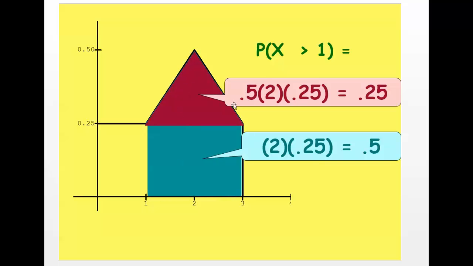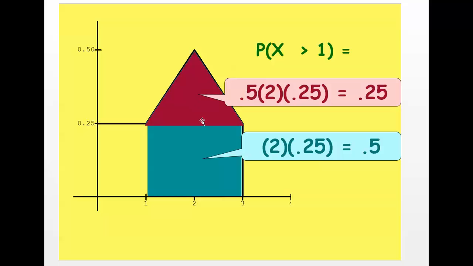For the square down here, we've got a base that starts at 1 and goes to 3, so it has a length of 2, and a height of 0.25, and that's how we find that area. For the triangle, again, it has a base of 2, because you go from 1 to 3, and then it goes up; if you remember your geometry days, the altitude of the triangle happens to be 0.5, and then I want to divide that by 2.